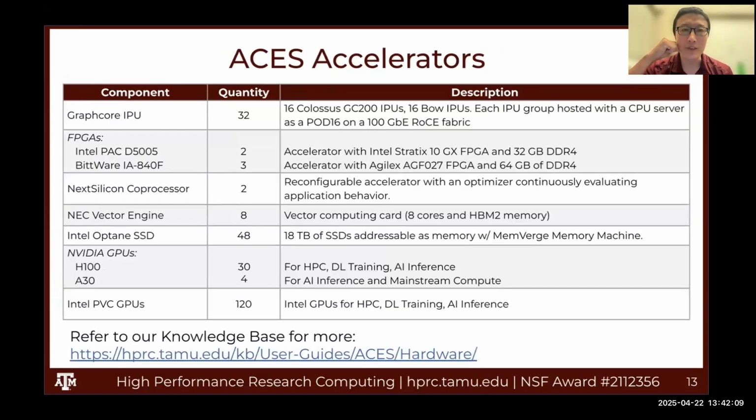There are multiple accelerators on ACES. For different systems, different queues, and different partitions in your queuing system job script, you may be able to specify different accelerators you want to use for your testing and development work. More information can be found at the ACES hardware link provided below.